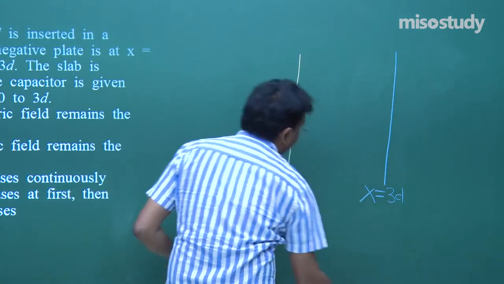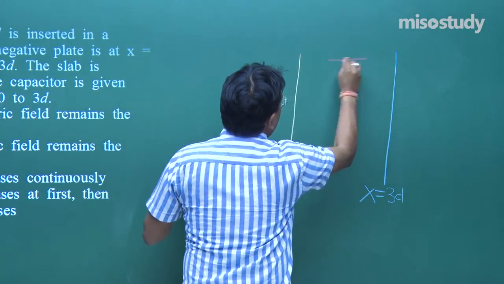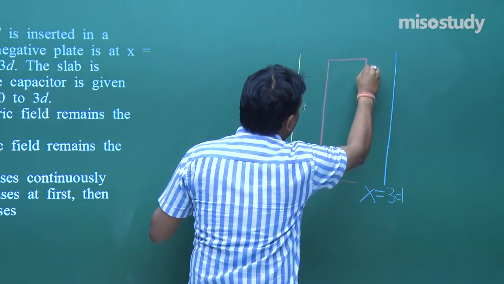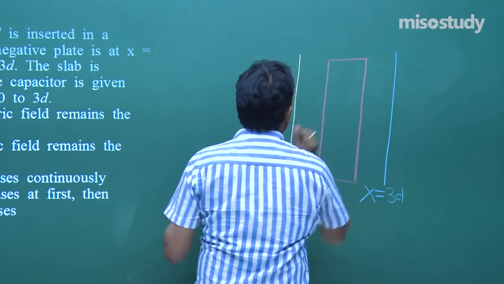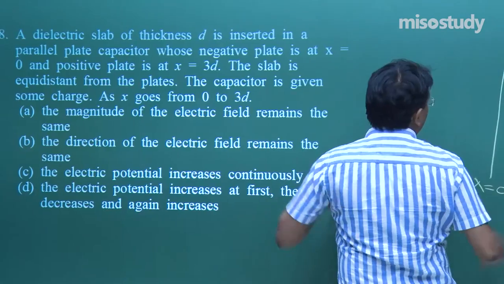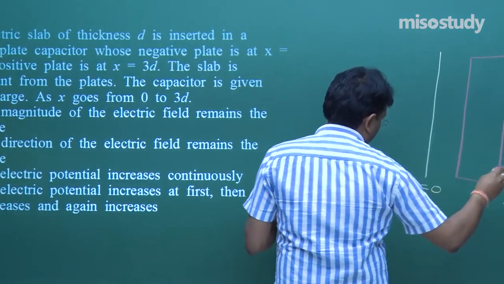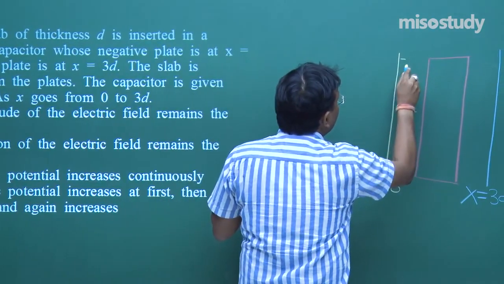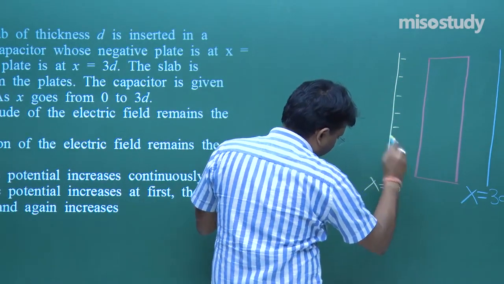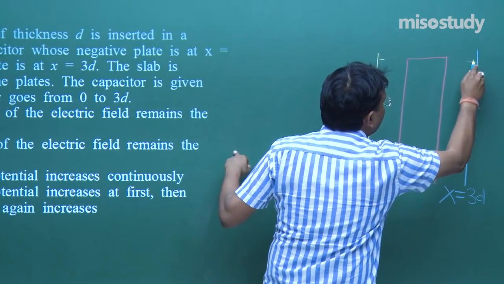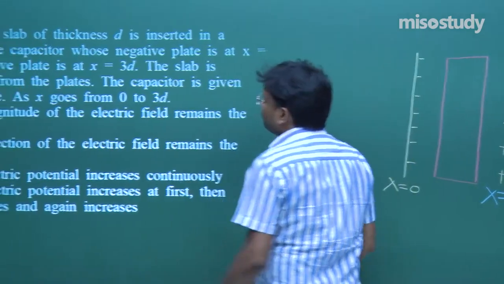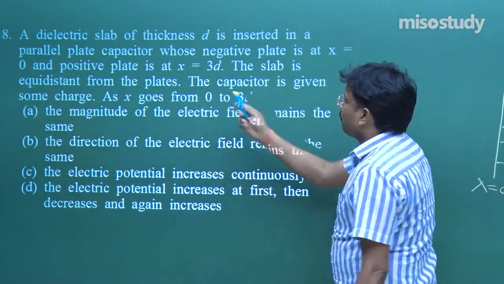Now, in between this something is there. So, using this red color chalk I am showing that. Now, let us read another thing. The negative plate, means this is the negative plate and this is the positive plate. That way you can say it is negative charge, and you can say it is positive charge. Now, the slab is equidistant from the plates.